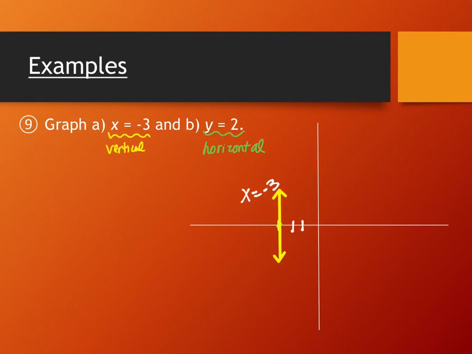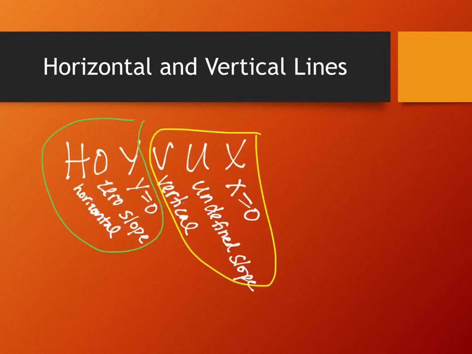The other one said y equals 2. So for y equals 2, I would go up 2 on the y-axis, and there's my dot. And it says that it's supposed to be a horizontal line. So my horizontal line would look like that. Arrows on the end. That horizontal line is the equation y equals 2.